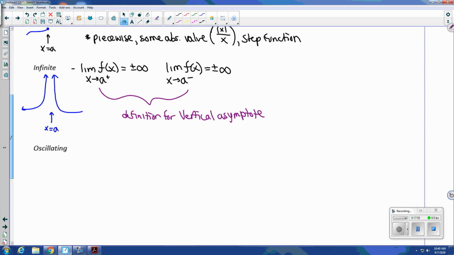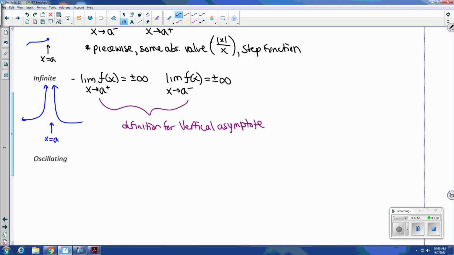Another way to determine this infinite discontinuity, let's make a note here.